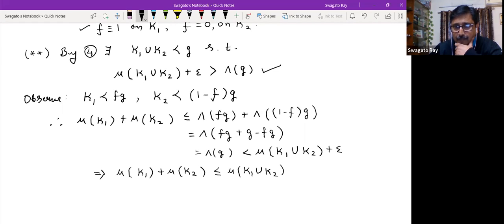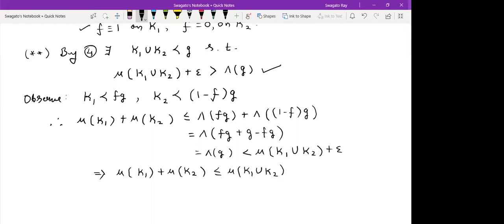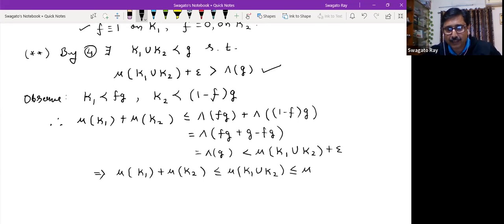Quick, tell me, what do you feel? Something more needs to be proved, or it has been proved? Sir, I think it is proved. Yes. How? Sir, because on the other side there is subadditivity of mu. Countable subadditivity is there.